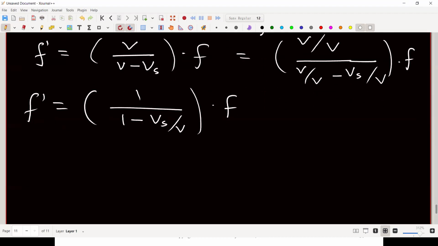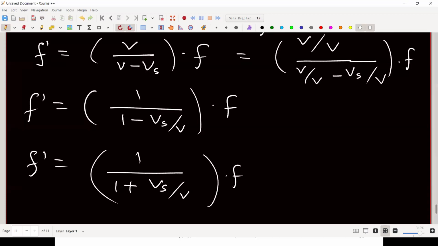Then f prime becomes 1 divided by 1 plus V source divided by v times frequency.